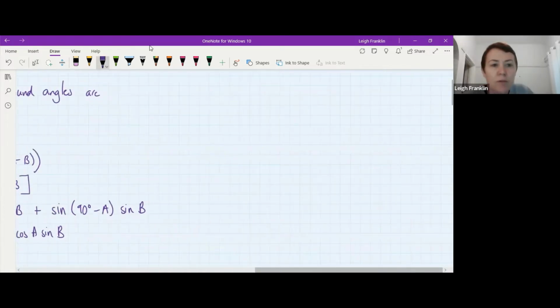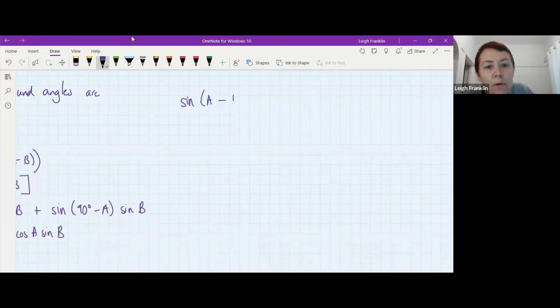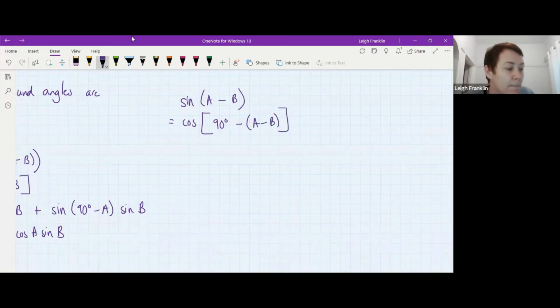Okay, so here I'm going to do sine A minus B. Okay, so sine A minus B comes from cos of 90 minus (A minus B), which is the cos of 90 minus A plus B. Starts to get a little bit more interesting here.